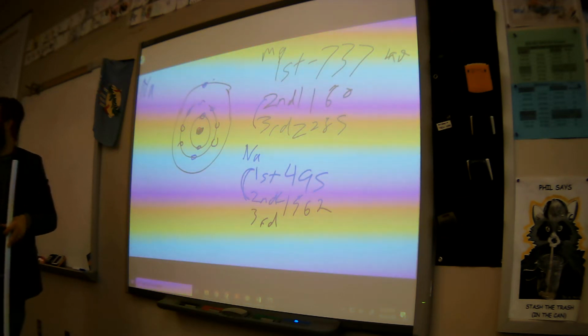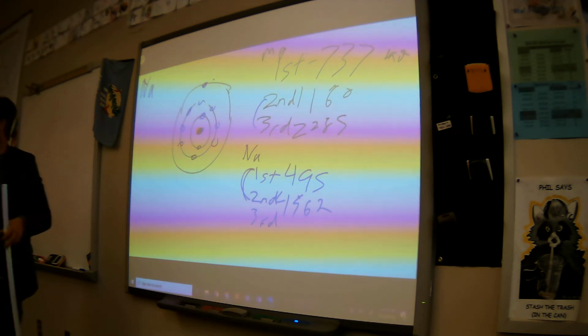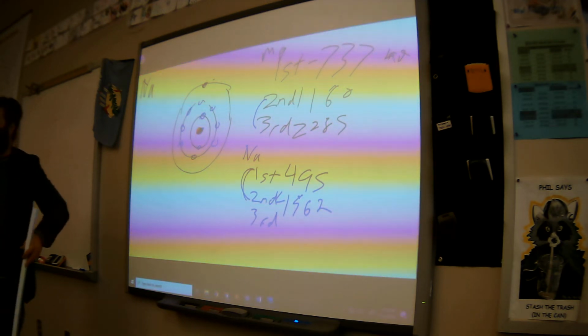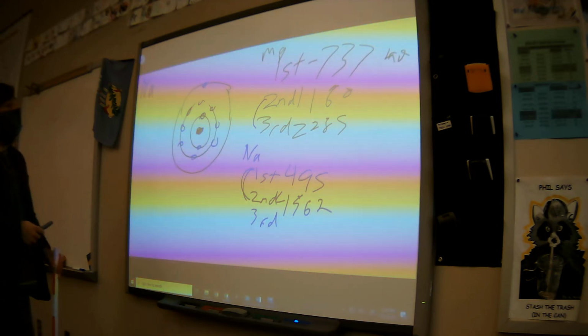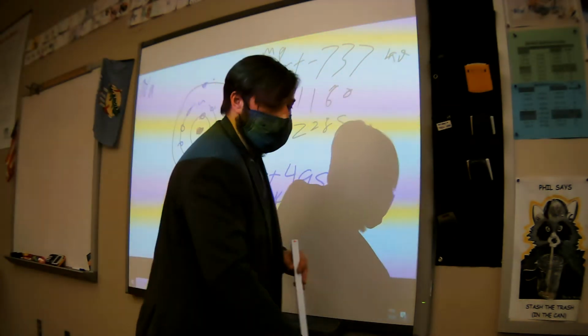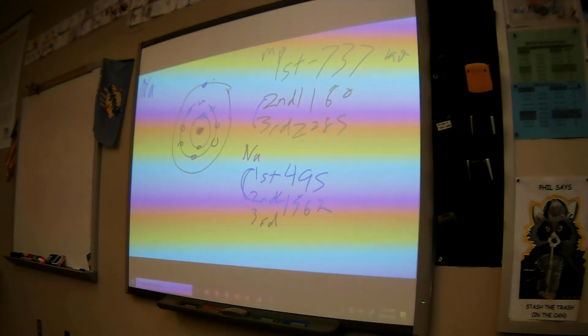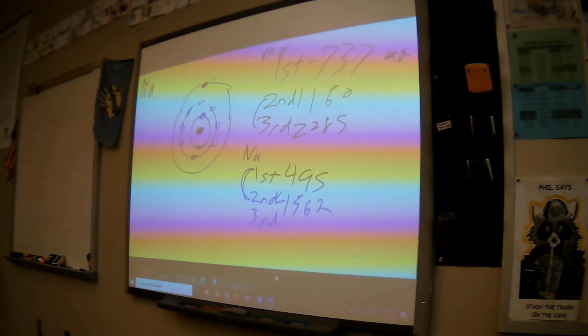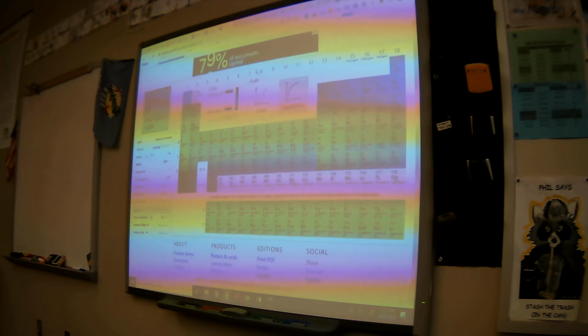Why does magnesium only jump by about 3 times, but then sodium jumps by almost 10? Let me head back to the periodic table. A lot of times, whenever we're talking about things like that, it's not just because.